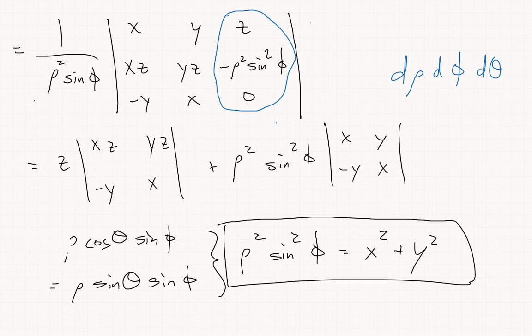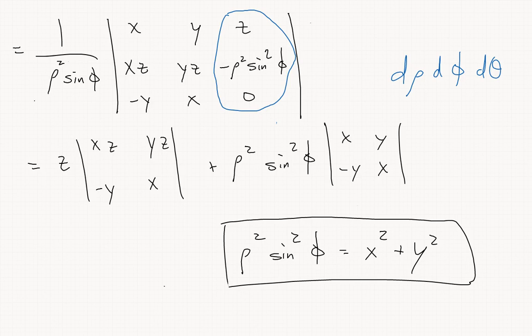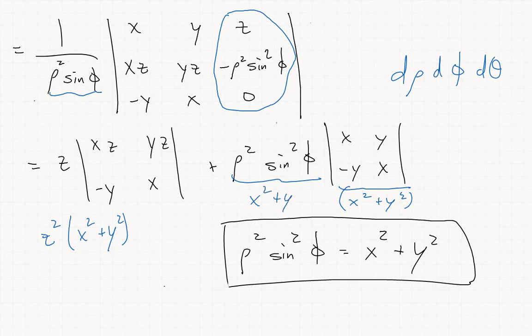And then we'll divide all of that still by this. So this gives us z squared times x squared plus y squared, and this guy is x squared plus y squared, and this is x squared plus y squared.